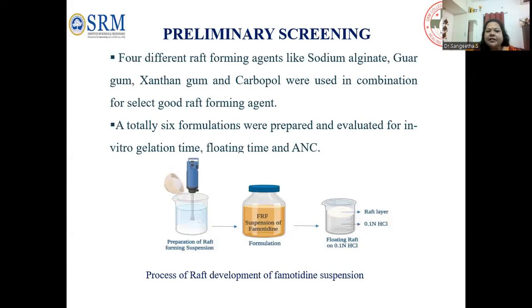The preliminary screening included 4 different raft-forming agents, like sodium alginate, guar gum, xanthan gum, and carbopol, used in combination to select a good raft-forming agent. A total of 6 formulations were prepared and evaluated for in vitro gelation time, the floating time, and the ANC, of course.